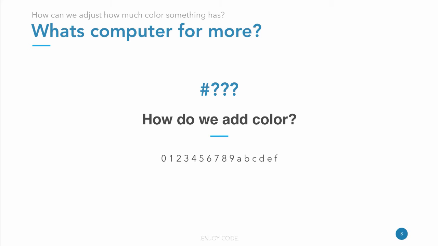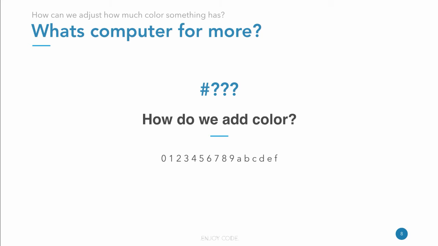So that 16 values is 0, 1, 2, 3, 4, 5, 6, 7, 8, 9, A, B, C, D, E, F. So A is like 10, B is like 11, C is like 12, D is 13, E is 14, and F is 15. Now I said 16 values, but F only goes to 15. But that's because 0 is a value as well.